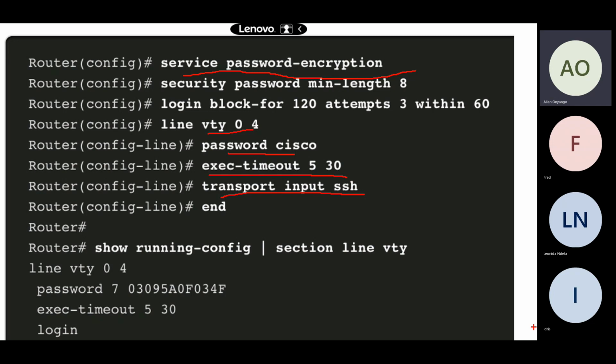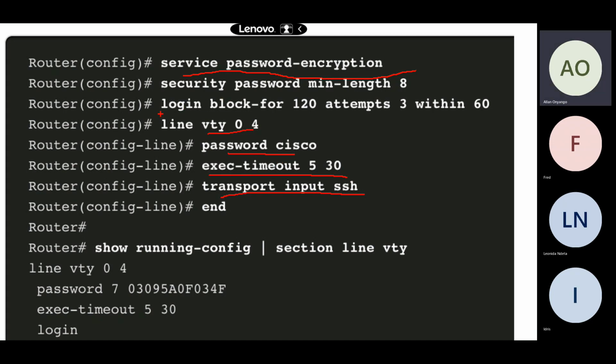So you say exec-timeout, put minutes and seconds like this. So in the next 5 minutes and 30 seconds, the device will time out automatically and someone is required to put a password before they can get in.